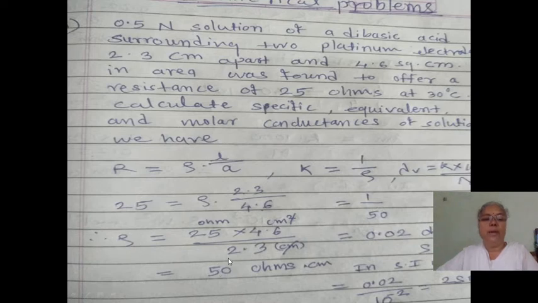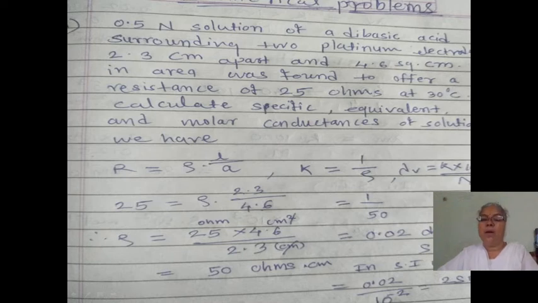Once we have calculated the specific resistance value, by taking the reciprocal of specific resistance, we can calculate the specific conductance, and 1 by 50 becomes equal to 0.02 ohm inverse centimeter inverse.